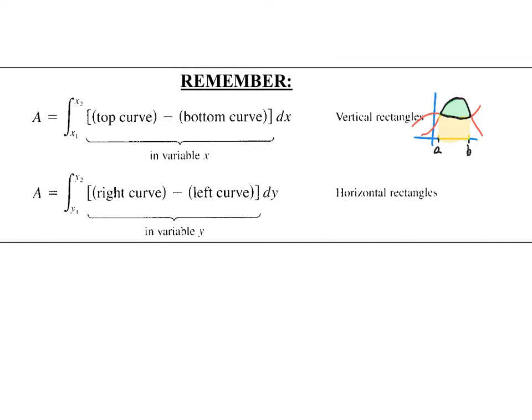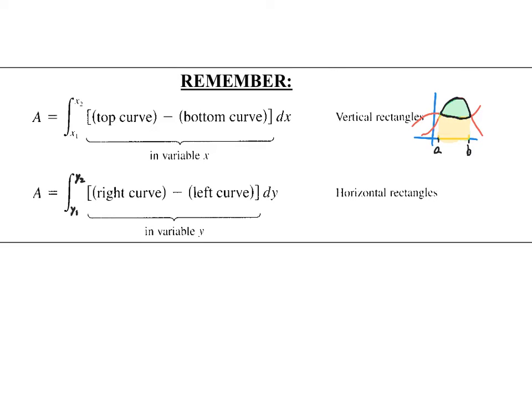We're going to start with the disk method here in a little bit. When we talk about the washer method on Friday, we're actually going to be rotating things around horizontally, and we'll actually have to use this. But notice this is going from two different y values for our integral. So yes, we're going to find the intersection points, but we're going to be looking at what those y values are.